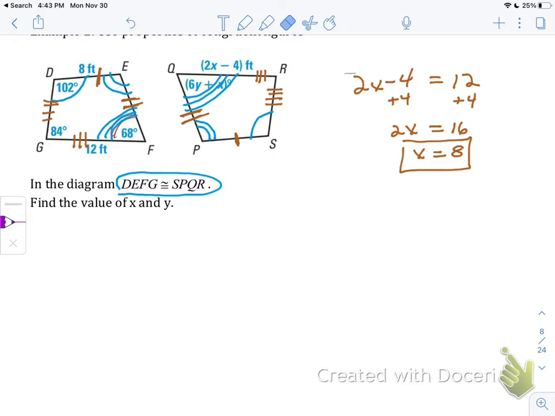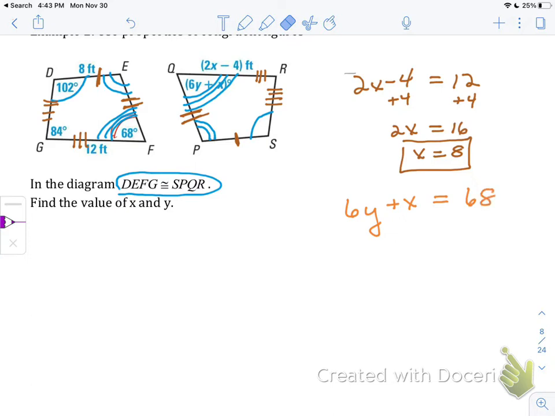I see I have an angle, so the 3 hash marks angle, so let me change color. So the 3 hash marks are going to be 6y plus x, and that has to equal the 3 hash marks on the other shape, which is 68.